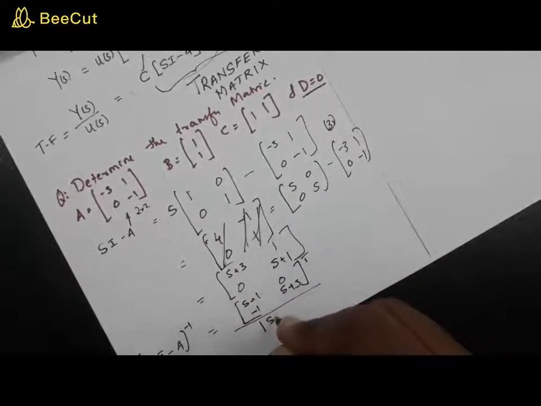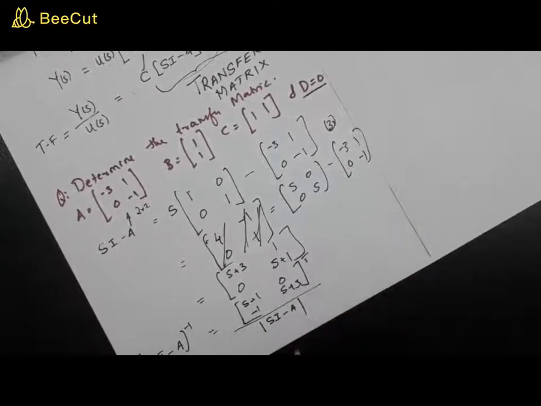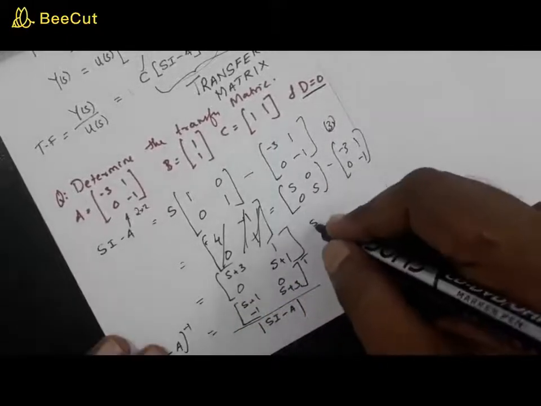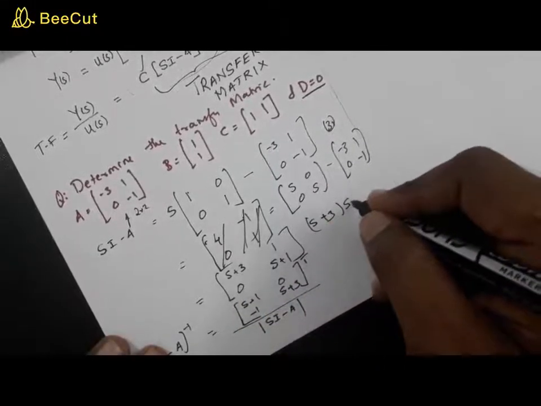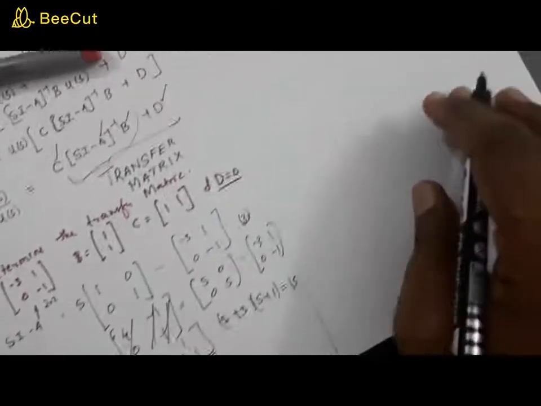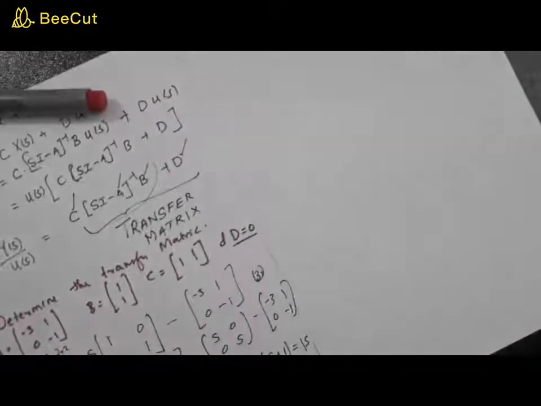The determinant of sI - A is (s+3)(s+1). Now take the transpose of this.